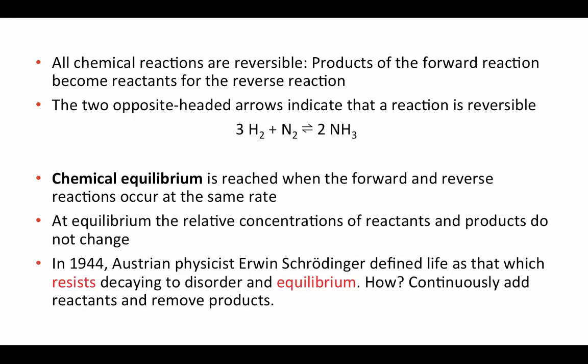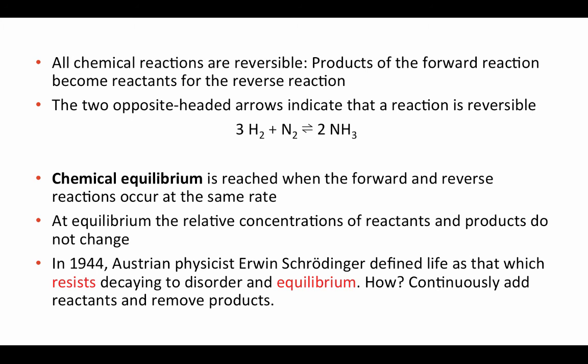So one of the definitions of life that you heard about, hopefully you watched that What is Life video that I recommended for the first day of class: Austrian physicist Schrödinger defined life as that which resists decaying to disorder and equilibrium. What does it mean to resist equilibrium?